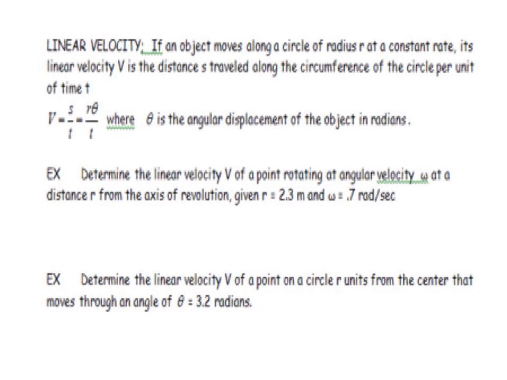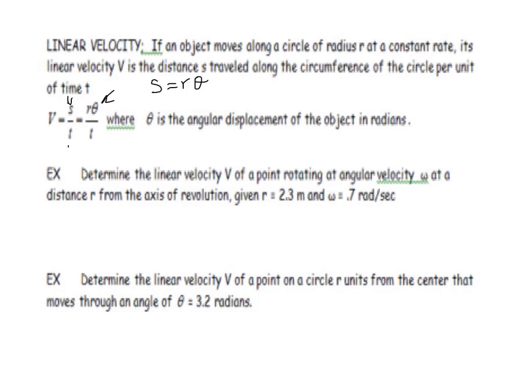Okay, linear velocity. If an object moves around a circle of radius r at a constant rate, its linear velocity is the distance s traveled along the circumference of the circle per unit time. So it would be the arc length in terms of time, and remember that from arc length, s equals r theta, where theta is the angular displacement.